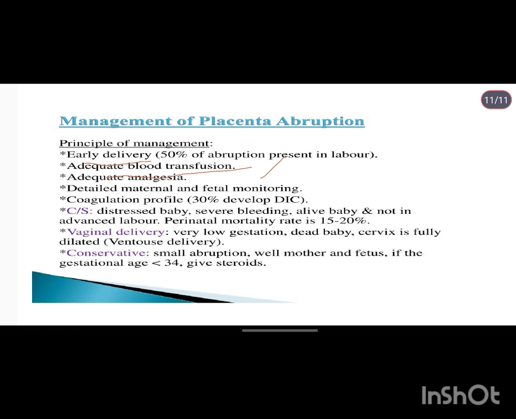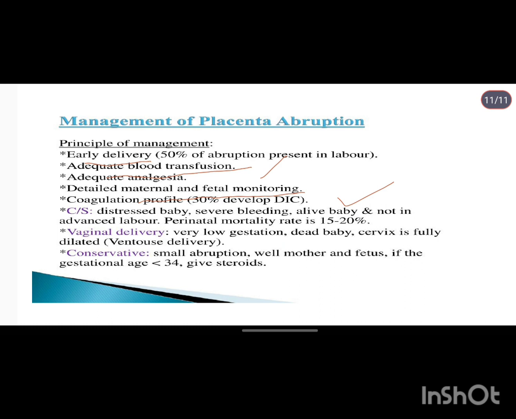And also we need to go for detailed maternal and fetal monitoring, along with monitoring of the coagulation profile of the mother, including DIC, that is disseminated intravascular coagulopathy, which needs to be checked here.